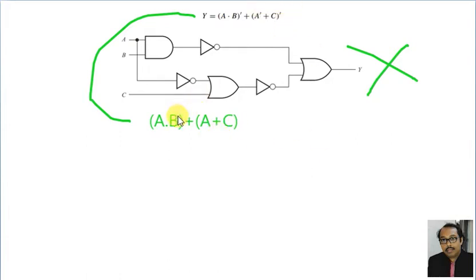So this one is AB whole complement, and this one is A complement plus C complement.